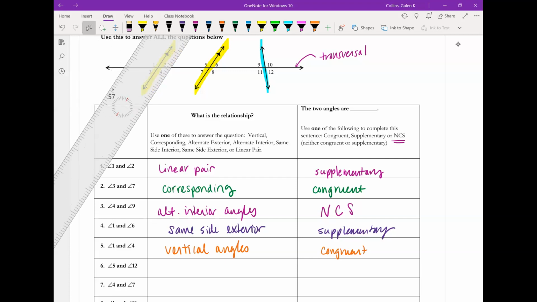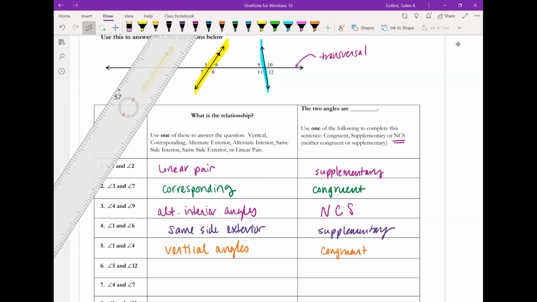So if I'm looking at angles 5 and 12, 5 is an exterior angle because the interior would be this space between those lines. So angles 5 and 12 are exterior and they're on opposite sides of the transversal. So those are alternate exterior angles.